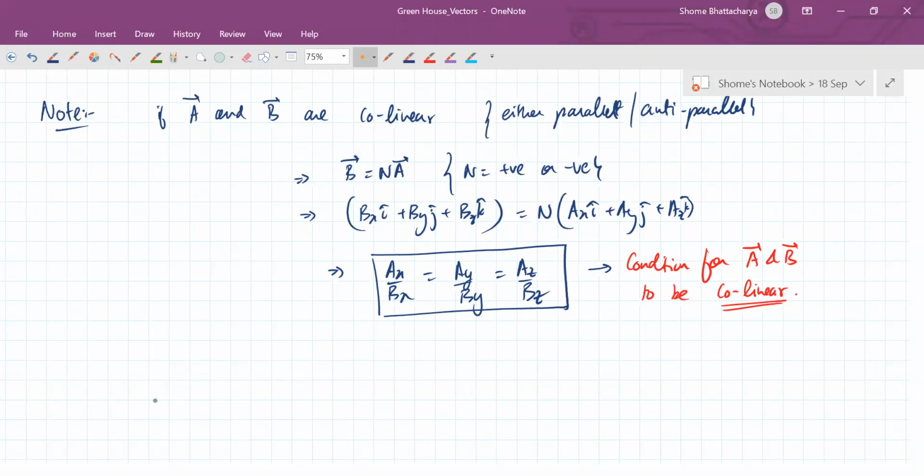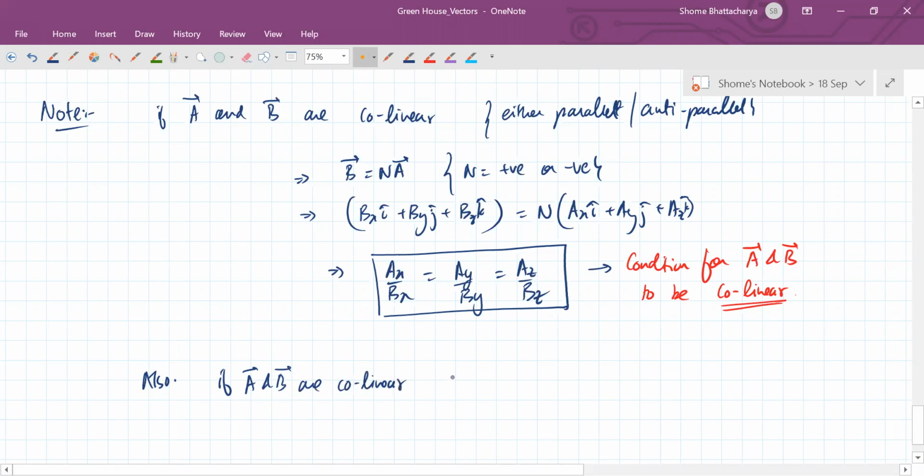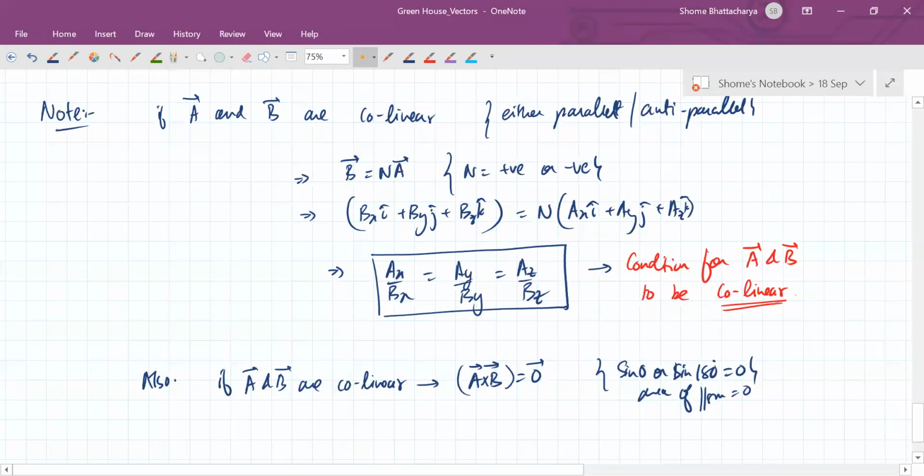Now also, if A and B are collinear, that means the cross product should be 0, because sine 0 or sine 180 is 0. The area of the parallelogram formed by them is 0. So let's just check that.